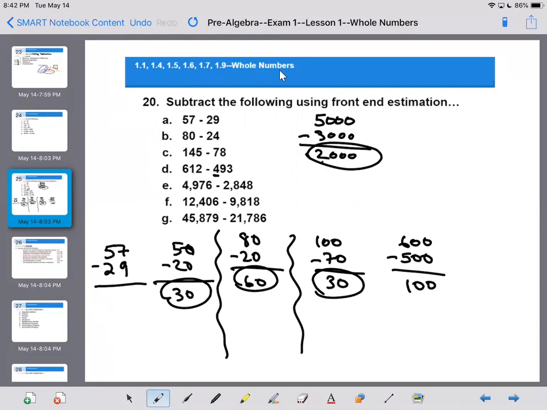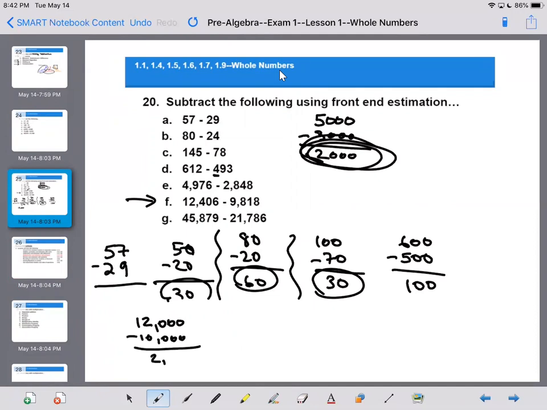So going with 2,000 is a really good estimate. Let's look at F, 12,406. Let's just say 12,000. And then 9,818. Let's just go with 10,000. So that's about 2,000. Notice I keep using the word about because we're talking about an approximation.